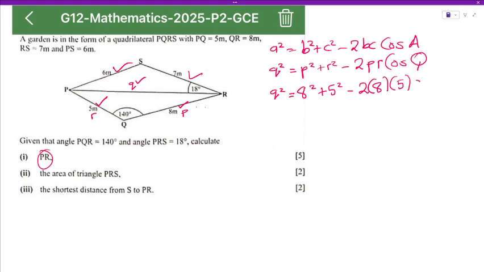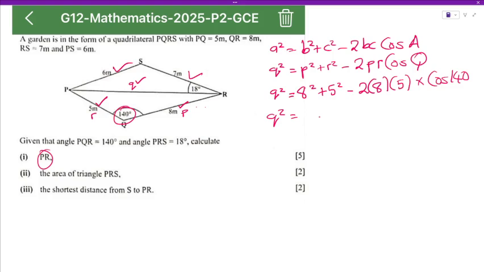Then you can say times or just say cos q. What is the angle at q? The angle at q is 140, so you put your 140 there, and then you punch on your calculator: 8 squared plus 5 squared minus 2 times 8 times 5, times cos 140.